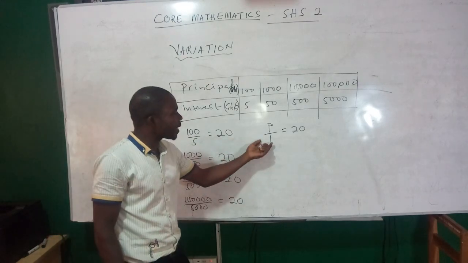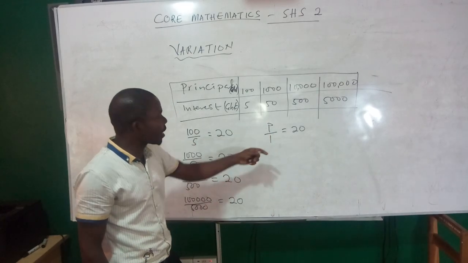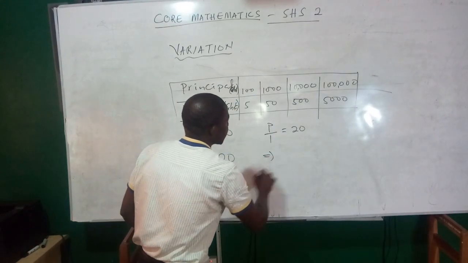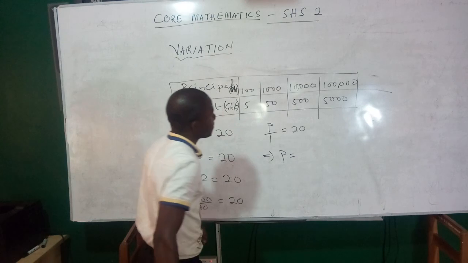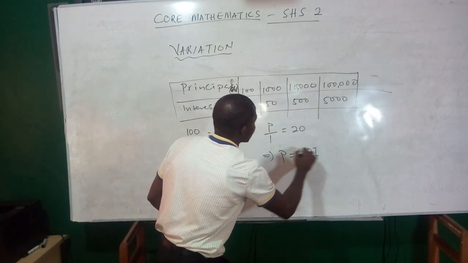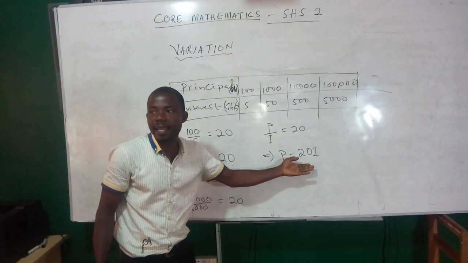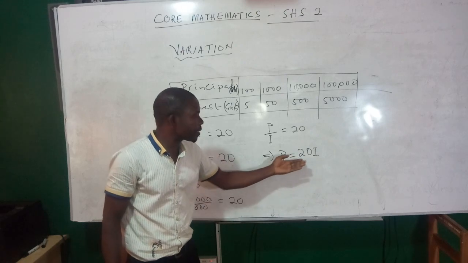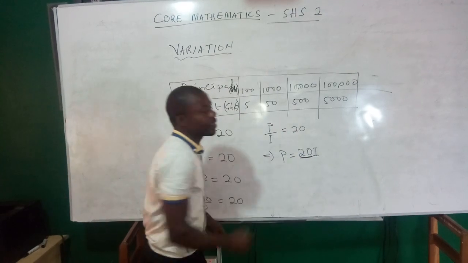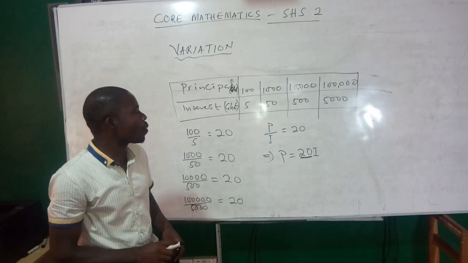In the same way, mathematically, if we want to find the principal, we can make P the subject, and that will give us P is equal to 20I. This 20 is the constant of variation or the constant of proportionality.